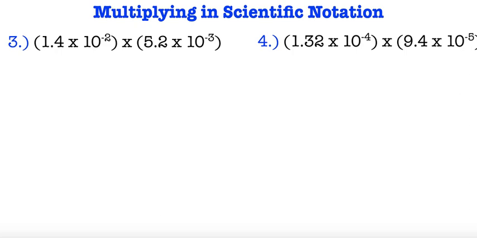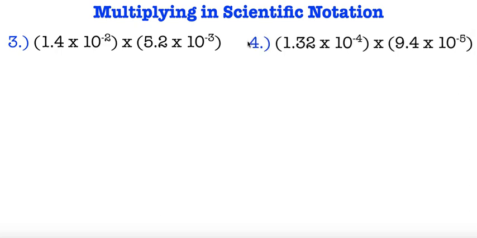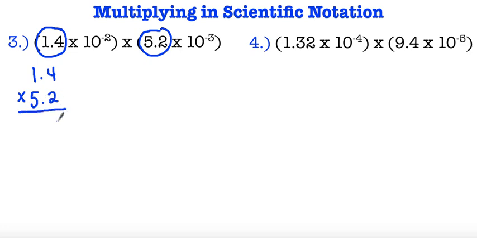Alrighty, here we have 2 more examples, and we're going to do the same thing. So I'm going to multiply these first. 2 times 4 is 8. 2 times 1 is 2. Place value holder here. 5 times 4 is 20.